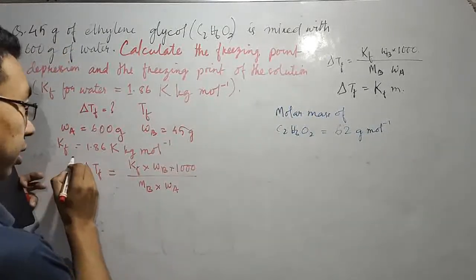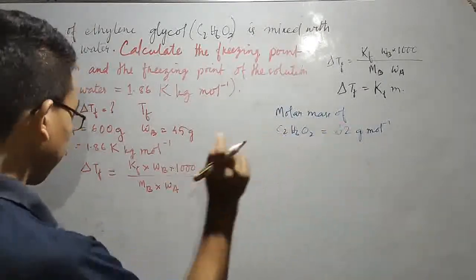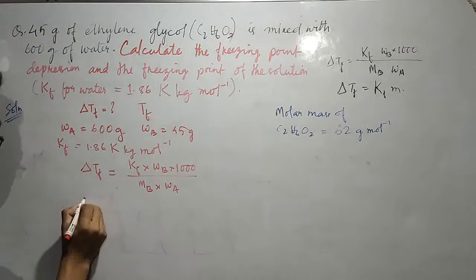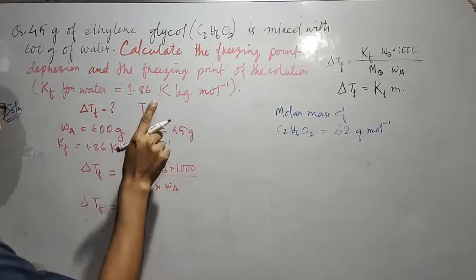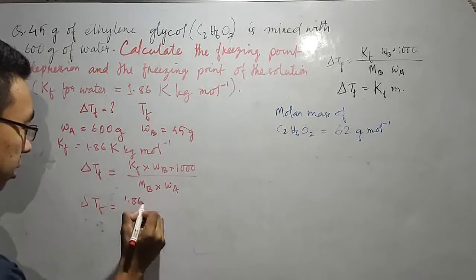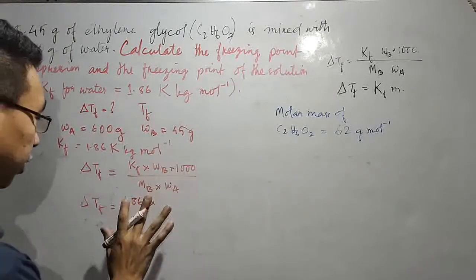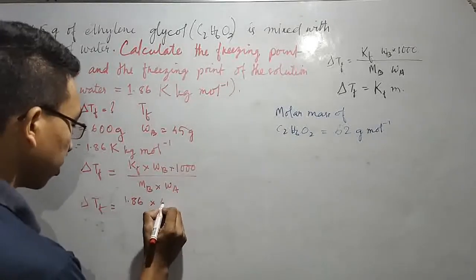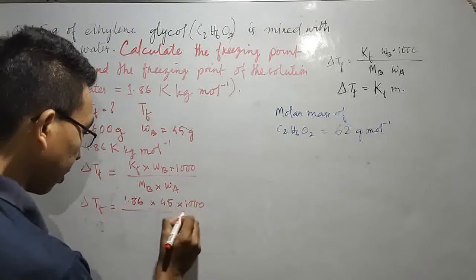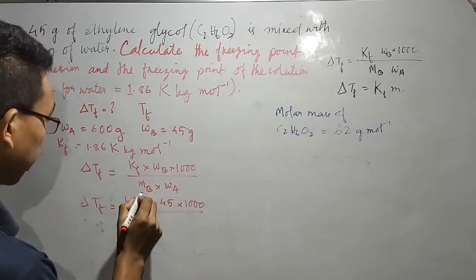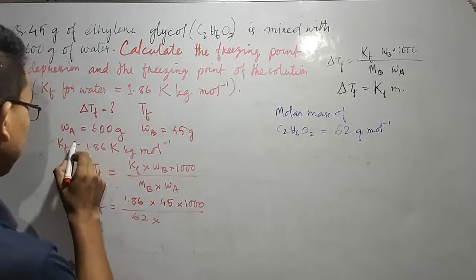Now we put in the values: KF is 1.86, into WB equal to 45 gram into 1000, divided by 62 multiplied by WA, which is 600.